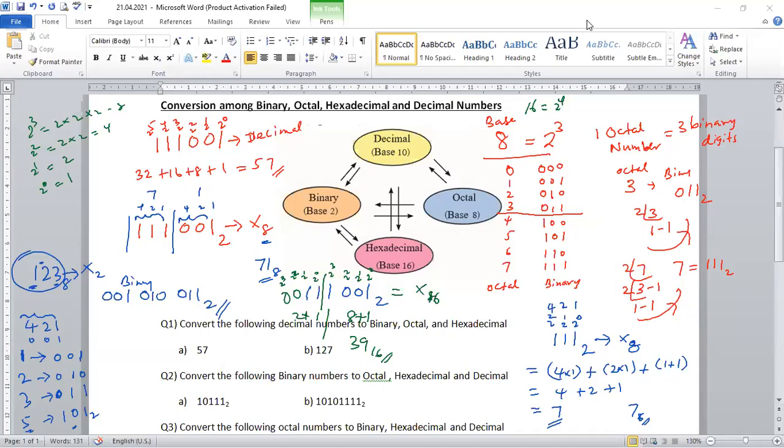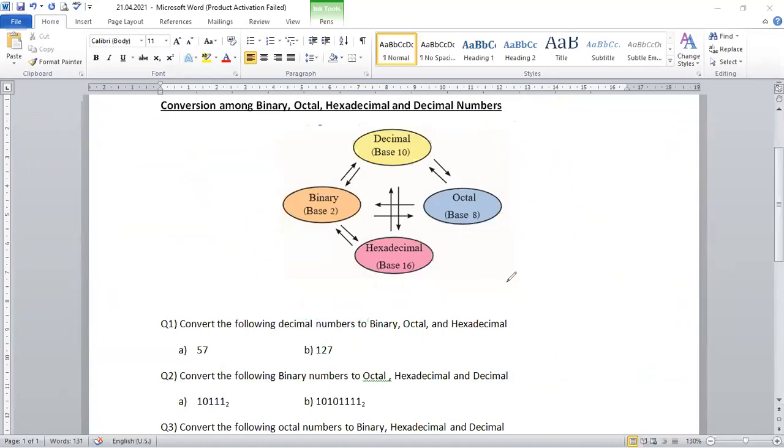So I'm going to clear this one now. Right. So what are the values here?